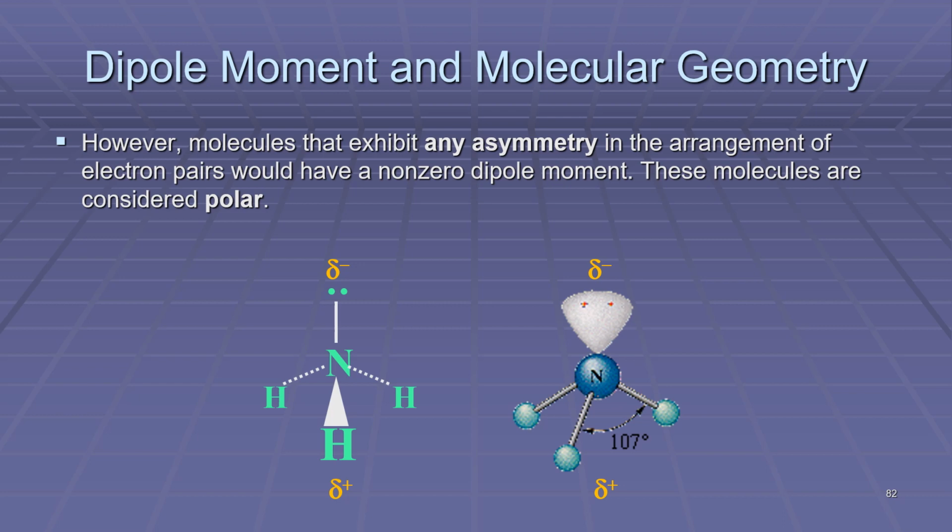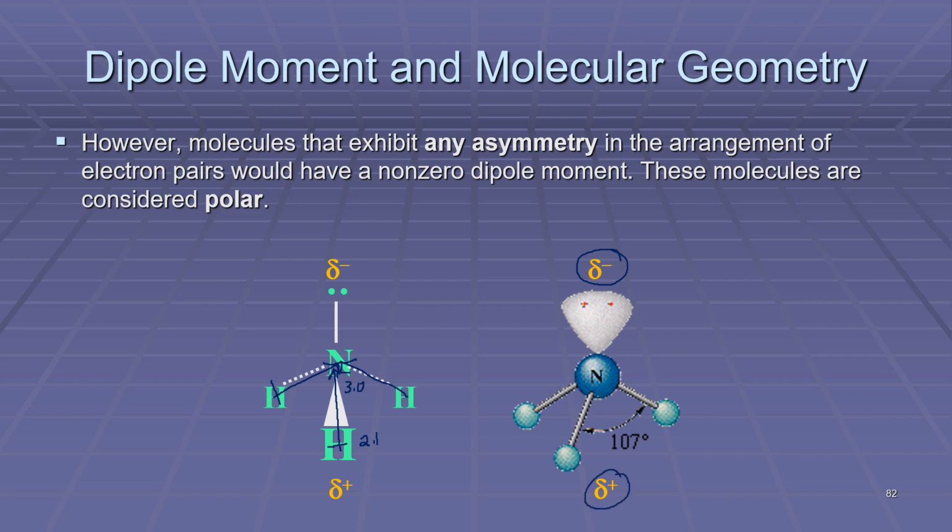Now this molecule also has polar bonds. A nitrogen-hydrogen bond is polar. Nitrogen is 3.0, hydrogen is 2.1, so the difference is 0.9, and so that is a polar bond. And each of these bonds always goes from the positive to the negative, so there's one pulling that way, the nitrogen's pulling up, but there's nothing over here balancing it out. And so overall, this has a dipole moment where the top is more negative and the bottom is more positive.